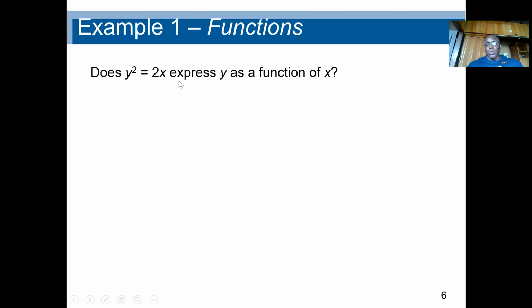So let's use 2, which is simpler. If x is equal to 2, y squared will give me 2 times 2, which is 4. Then to find y, the square root of 4 gives me positive or negative 2. And so this is not a function, because we said earlier, our input should give us exactly one output, not 2 or more outputs.